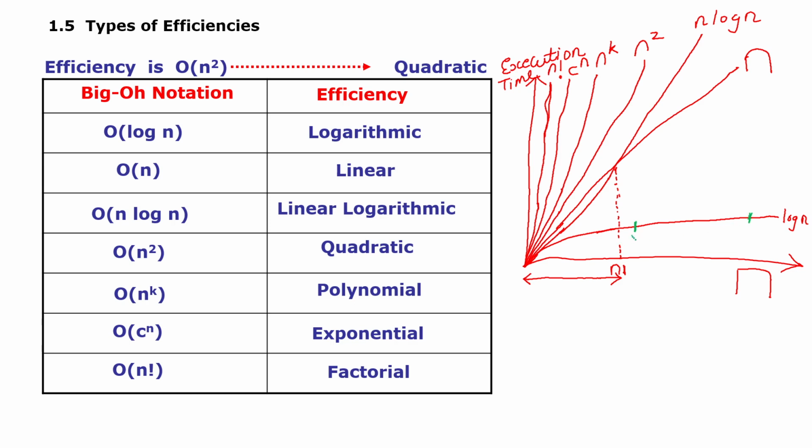I'll call them m and q. So there are 2 points m and q. Now m and q are 2 points on the graph, so obviously m will have some x and y coordinate, and q will also have some x and y coordinates.